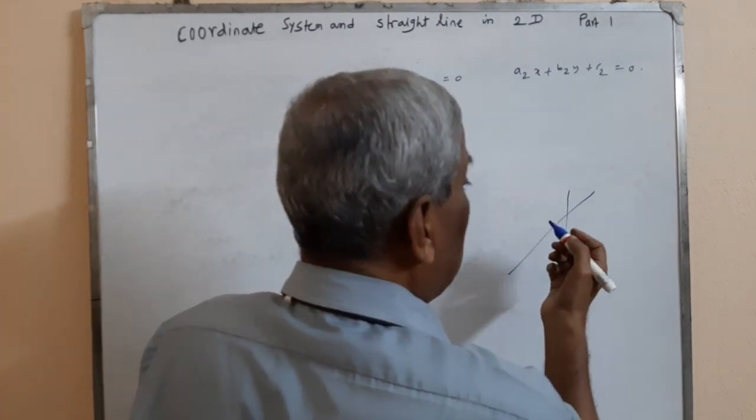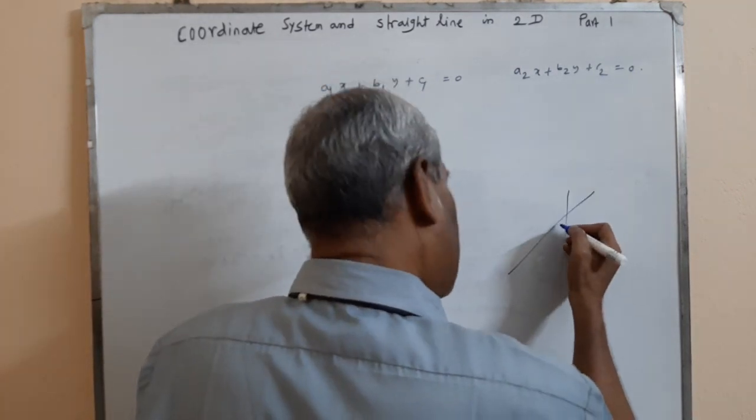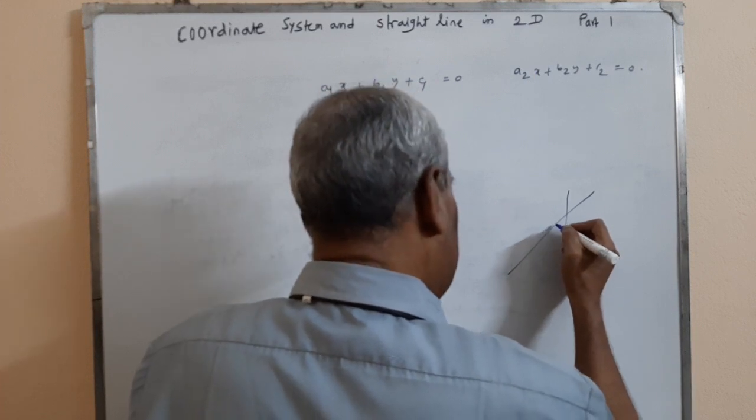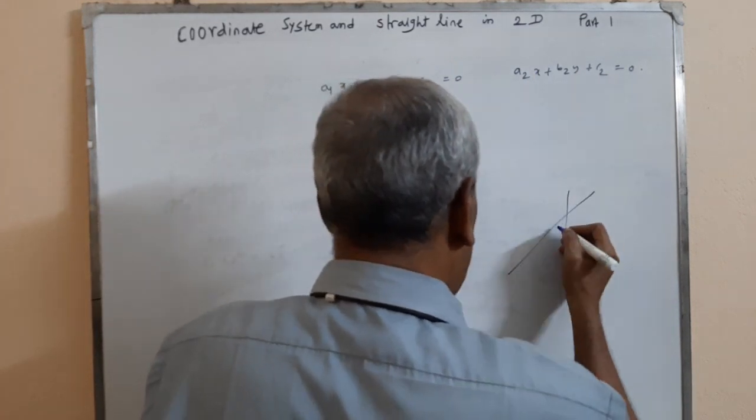Then actually these two straight lines make two angles.